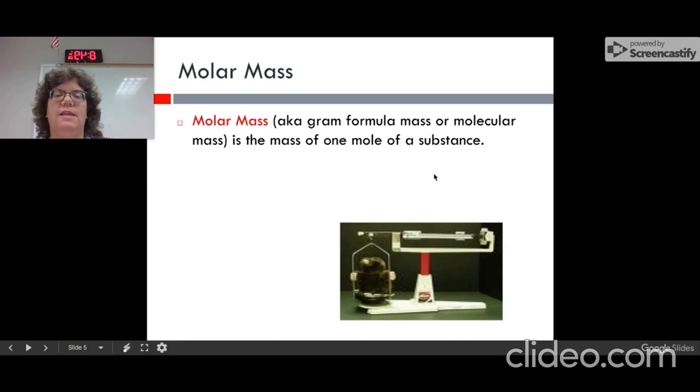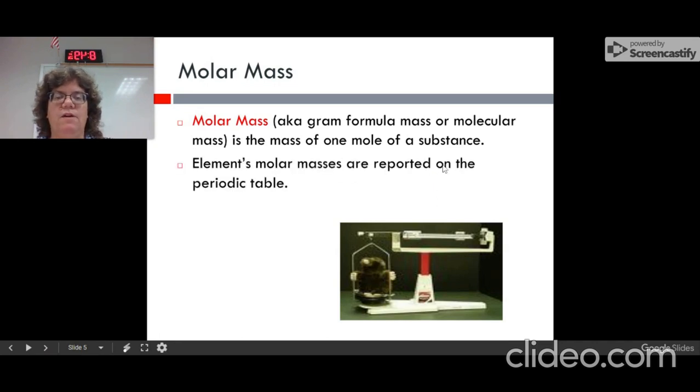But basically, this is how much a mole of something weighs. Just like when we did our density experiment, the different things weighed different amounts, right? So a mole of oxygen does not weigh the same as a mole of gold, or a mole of zinc, or a mole of water, or a mole of salt. They all will weigh different depending on what they're made up of.